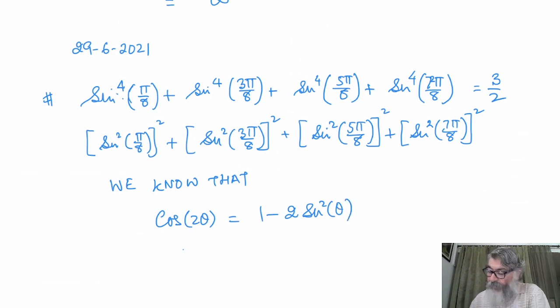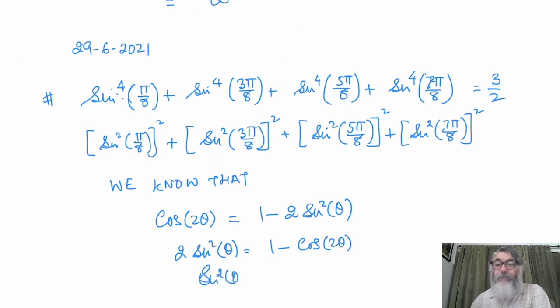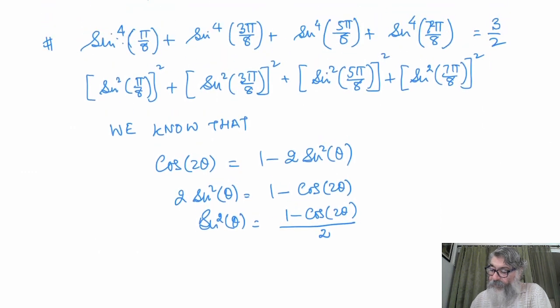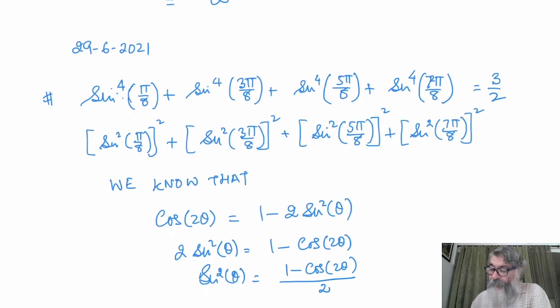We can write this as 2 sine square theta is equal to 1 minus cos 2 theta, or sine square theta would become 1 minus cos 2 theta upon 2. So we will replace sine square terms in the left hand side by this. And how will we replace this? Let us see that.